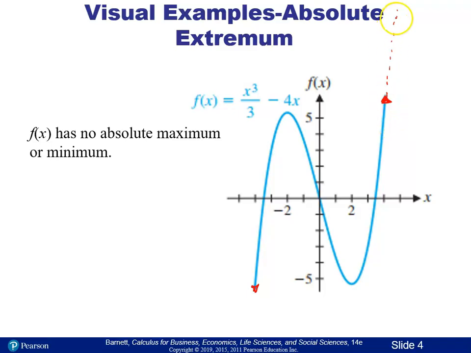So there is no absolute maximum because it keeps on going forever. There is a local maximum. Same thing with the minimums. We got this arrow here, so it's going on forever in the negative direction. So this would be a local minimum, but it's not an absolute minimum because the function does continue lower than this value here.